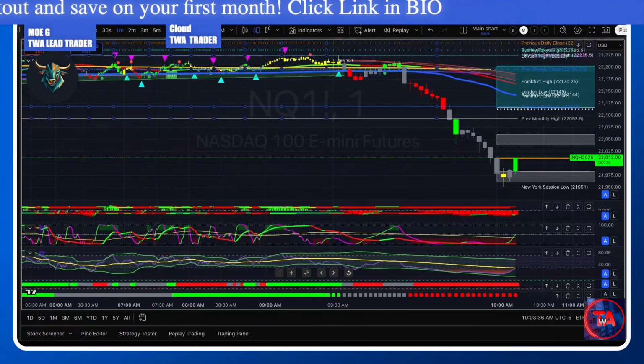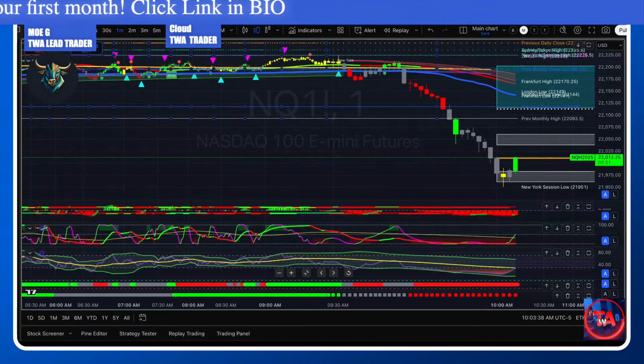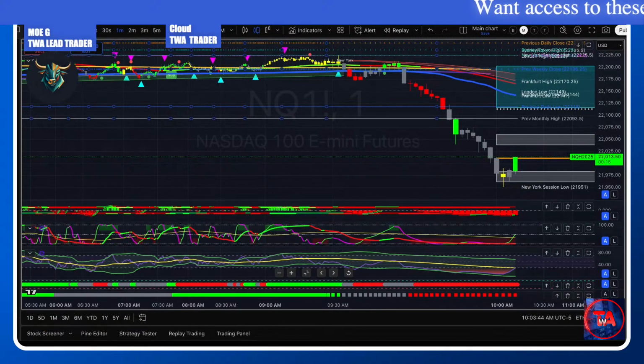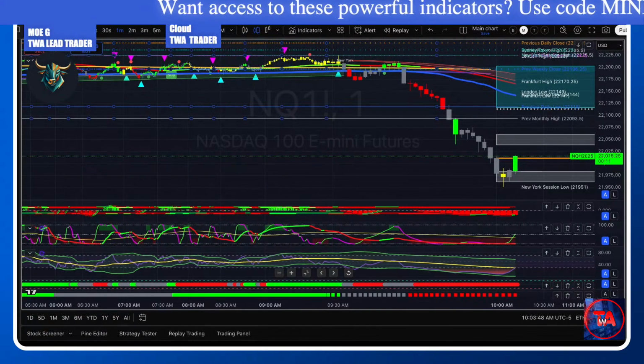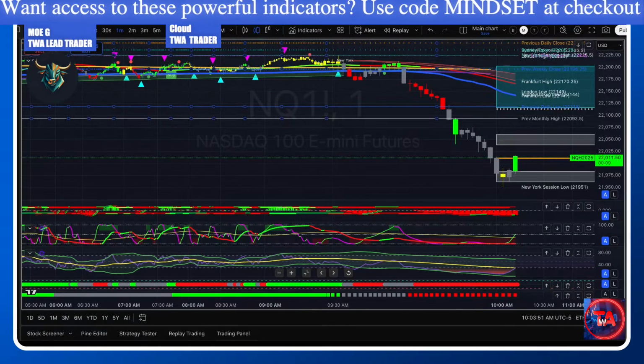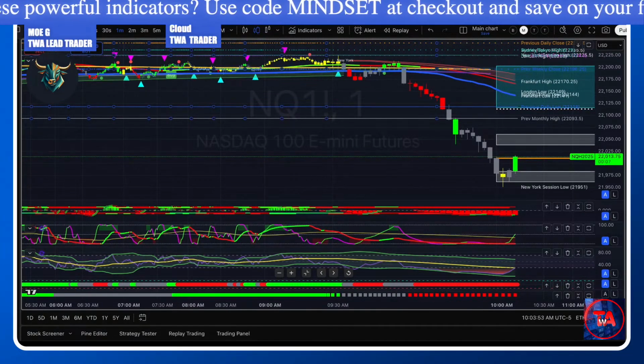All right, I'm out of this trade. 125 points. $125 on micro. Let's go.